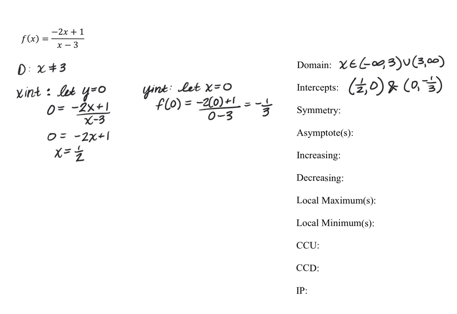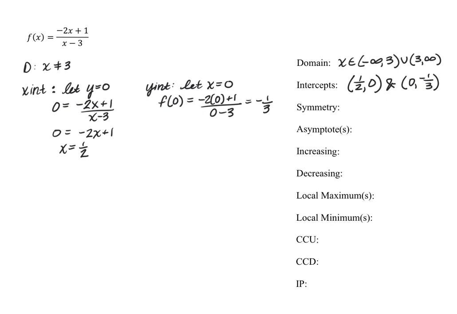Let's move on to symmetry. So symmetry can save us some time when we're graphing a curve if we know that it has either y-axis symmetry or perhaps origin symmetry. So remember that when you are testing for symmetry, you're going to substitute in negative x into your function, and you're going to see what you get out and how that compares back to the original function.